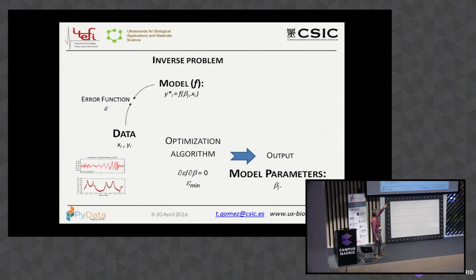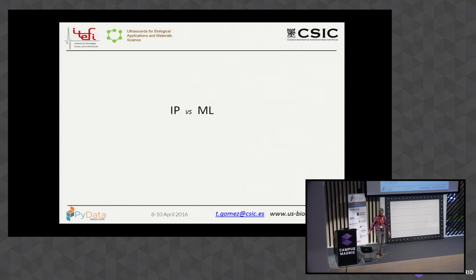The work of this algorithm is to find the combination of model parameters that achieves the best agreement between the data and the model according to the error function. So the output is going to be the parameters of the model. Your model can be analytical or computer-generated, you can have 2, 3, 4, or however many parameters, and the output of all of this will be the model parameters.